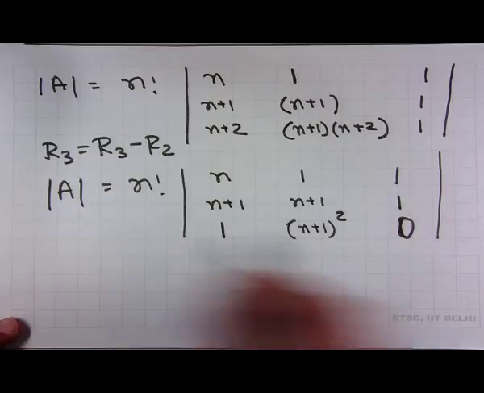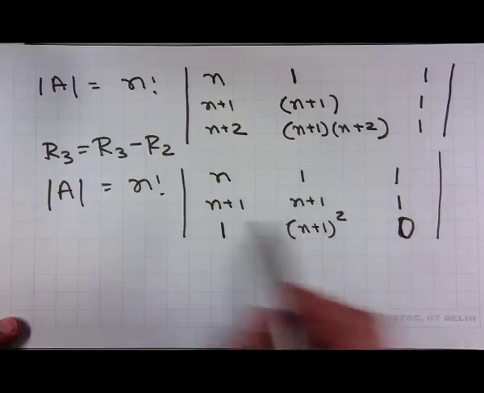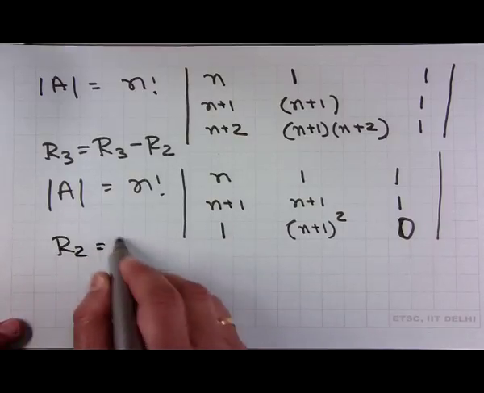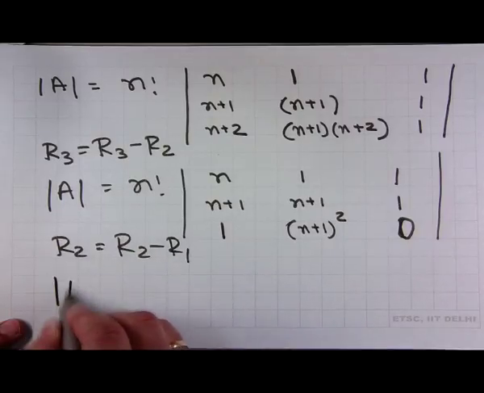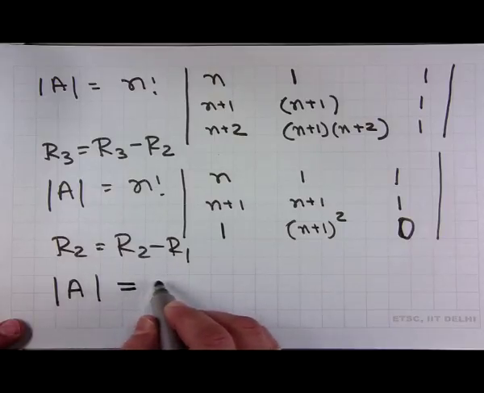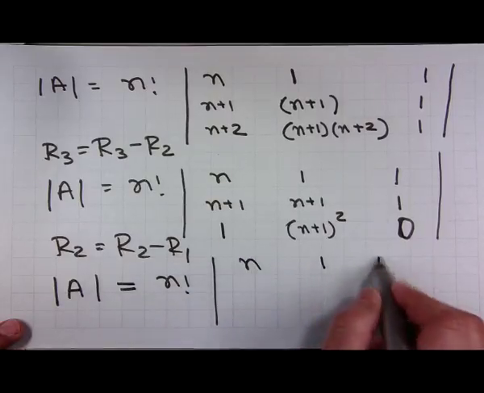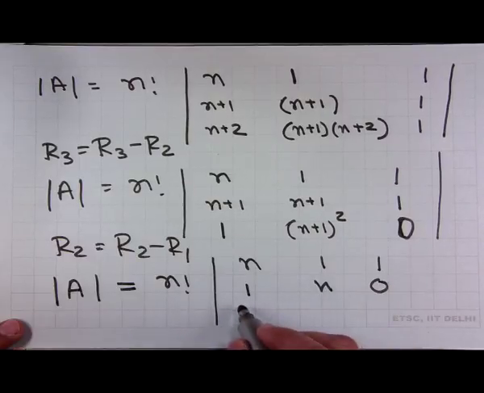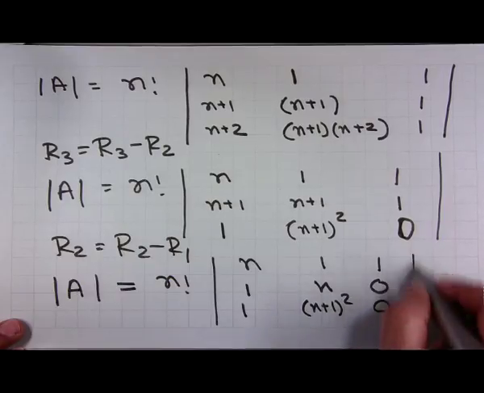Now, we simplify it further. What do we do? We subtract row 1 from row 2. Therefore, replacing row 2 with row 2 minus row 1, we get determinant of A equal to n factorial into the determinant of n, 1, 1; 1, n, 0; 1, n plus 1 whole square, 0.